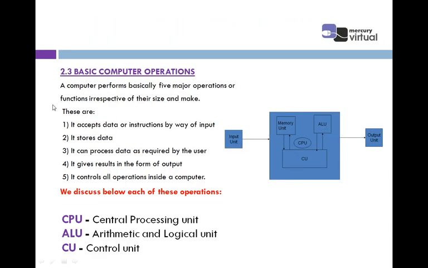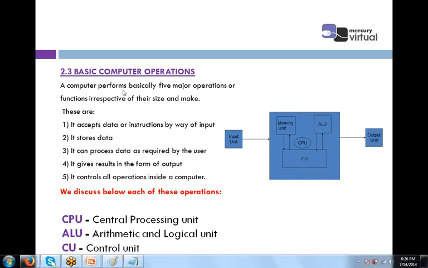Then another topic is basic computer operations. Basic computer operations include 5 major components. First of all, it accepts the data or instructions by way of input. It stores data, and it can process. CPU full form is central processing unit. ALU is arithmetic and logical unit.